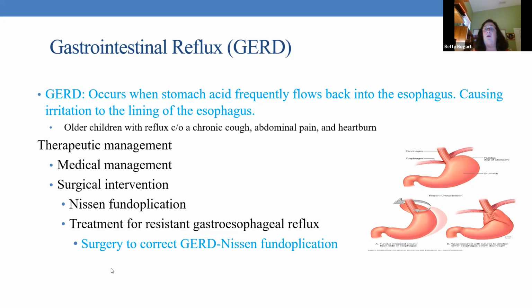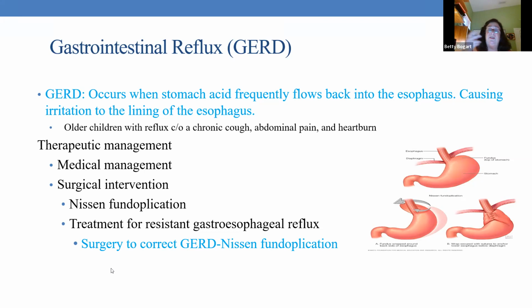So we can treat them with medicines, your Zantac, your Pepcid, any of those medicines that adults take, children take, but they're going to have in children doses, milligrams per kilogram, micrograms per kilogram, not just a whole pill like adults. The other thing they can do is something called a Nissen fundoplication.